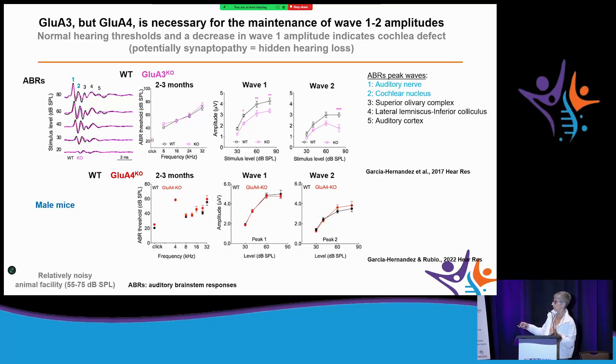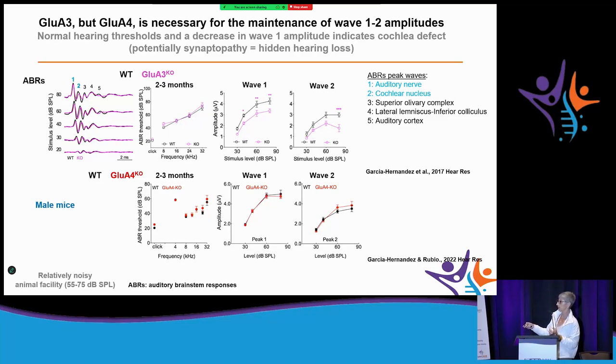Both have pretty much similar thresholds to wild type, but only the GluA3 knockout mice have a decreased wave 1 and wave 2 amplitude. The GluA4, pretty much nothing. So this starts us thinking that GluA3, a fast AMPA receptor subunit, affects the periphery.